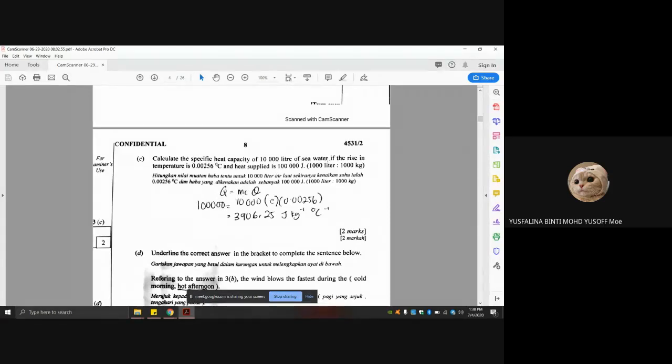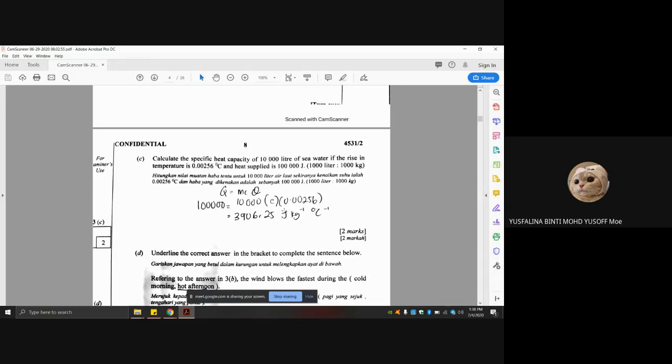The mass, we already converted from liters to kg, so it is 10,000 kg. C is the specific heat capacity you need to find, and theta is the temperature change, the temperature rise, 0.00256. So you just substitute, and you get this answer: 3906.25.